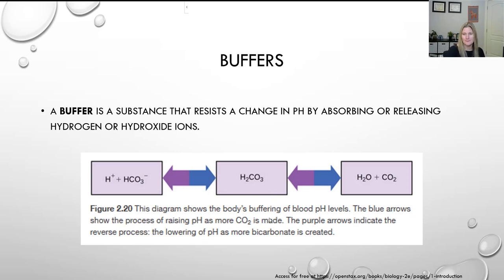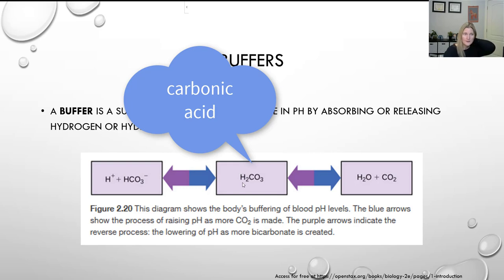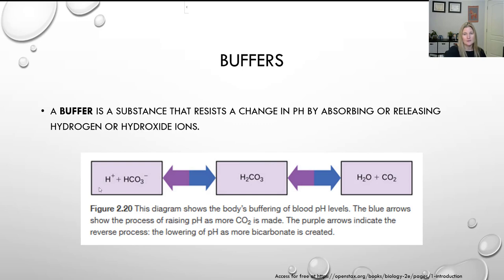With our body system, our blood involves carbonic acid, so this H2CO3. So H2CO3 can break down into hydrogen ions and bicarbonate. And it can also break down into water and carbon dioxide.